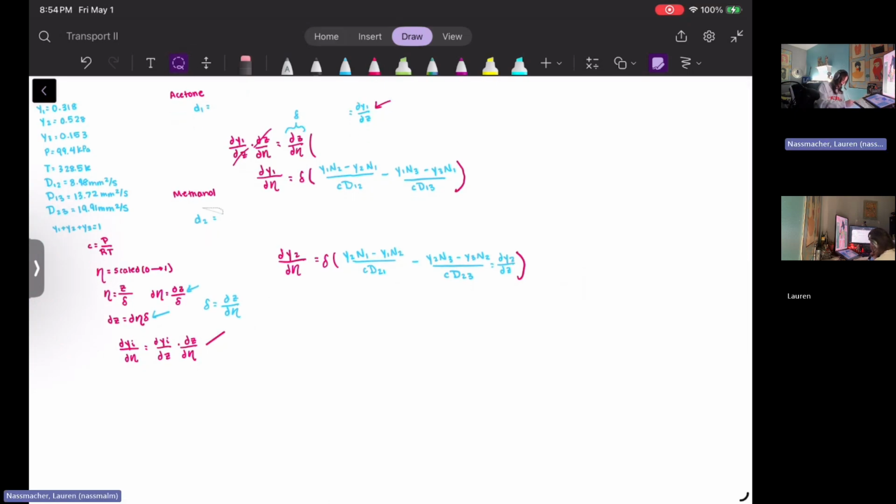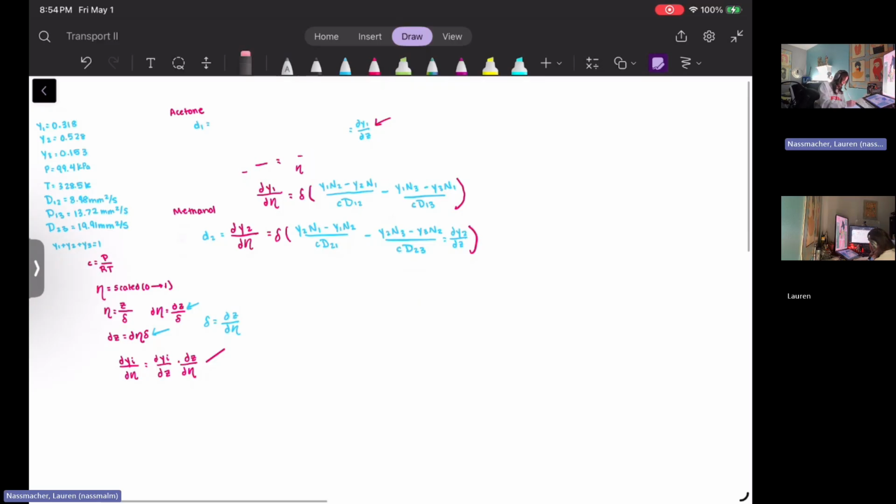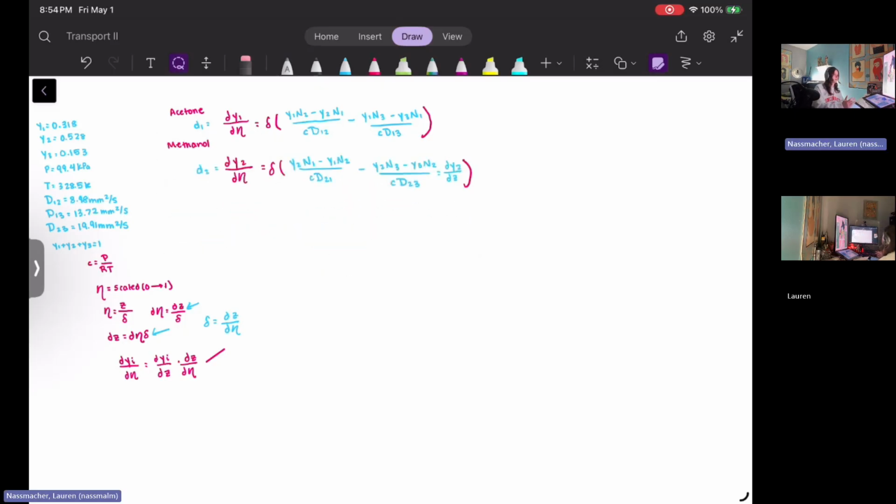So now we found that our driving force of 2 and our driving force of 1 are equal to the change in our molar fraction divided by the change in n, and that is equal to the thickness multiplied by the sum of the mole fractions times the molar fluxes divided by the concentration and the diffusion coefficient.